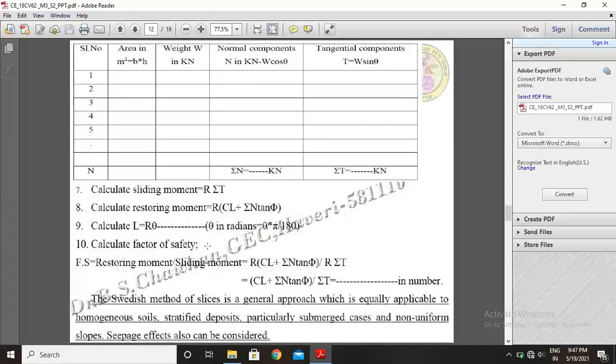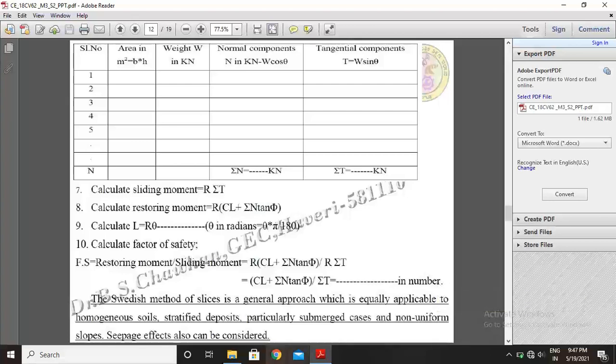Then calculate factor of safety, that is factor of safety equals restoring moment divided by sliding moment. Restoring moment means R times (C L plus sigma N tan phi), divided by sliding moment, which is R into sigma T. Here R is cancelled, so it becomes (C L plus sigma N tan phi) divided by sigma T. We get the factor of safety as a number.